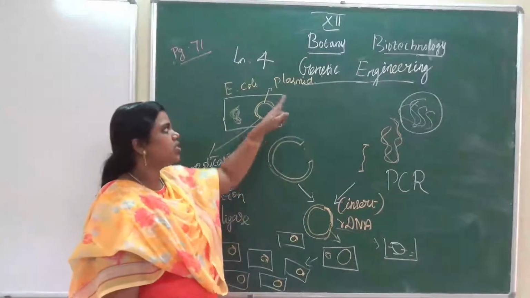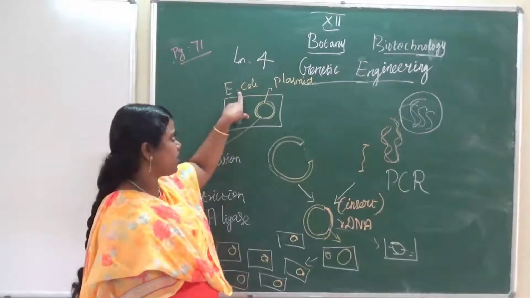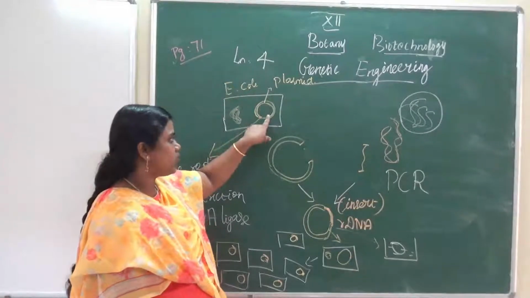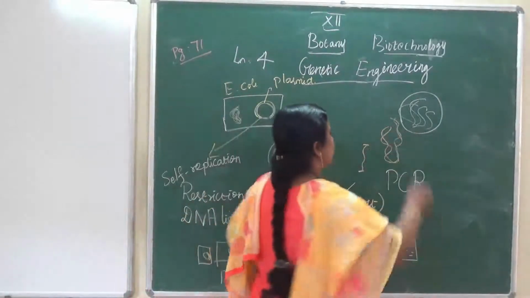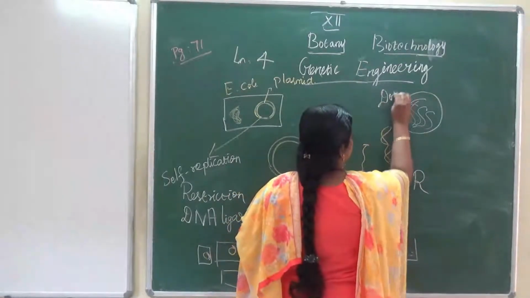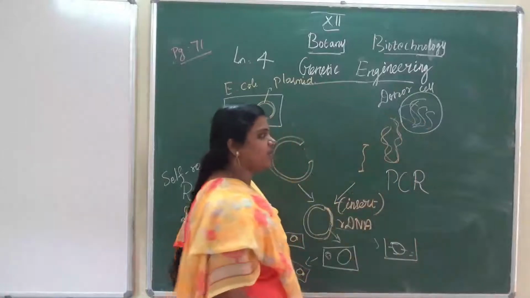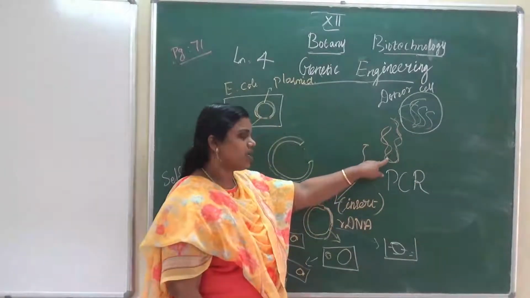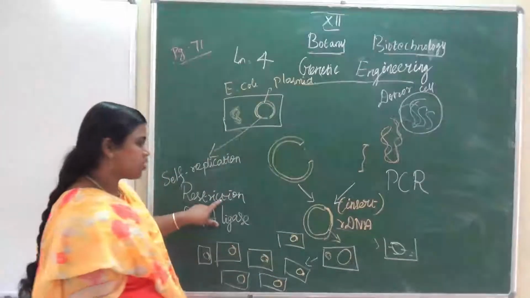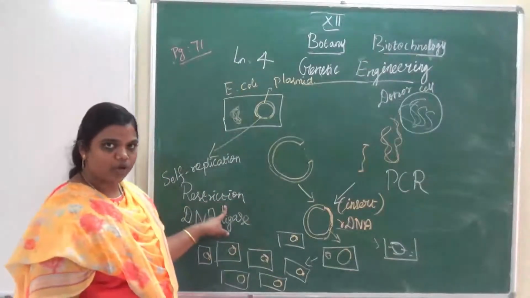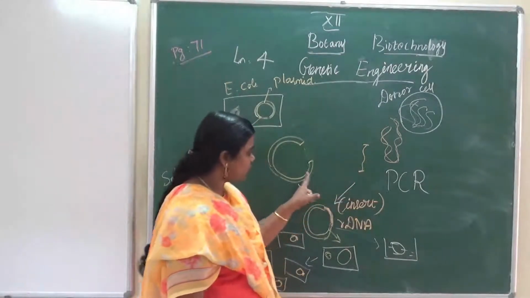This is known as genetic engineering. First you select the E. coli bacteria and isolate the plasmid, and then you select the donor cell, isolate the DNA fragment, and cut it. Which one is the cutting enzyme? Restriction endonuclease is one of the molecular scissors. Then the small DNA fragment is cut and joined to the plasmid.